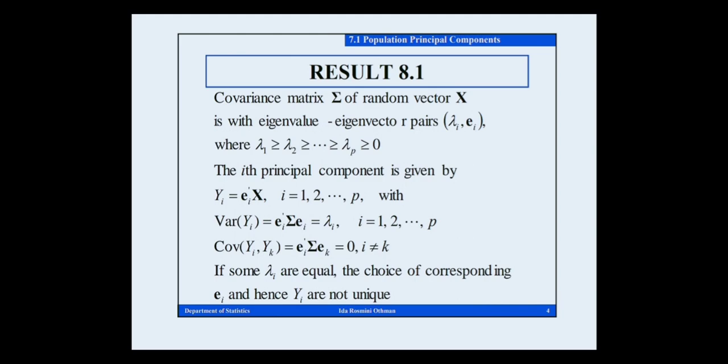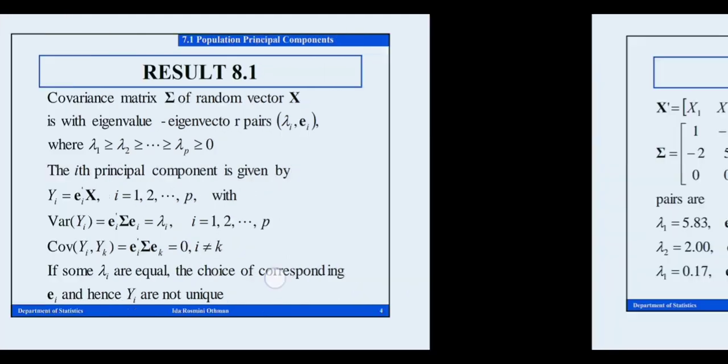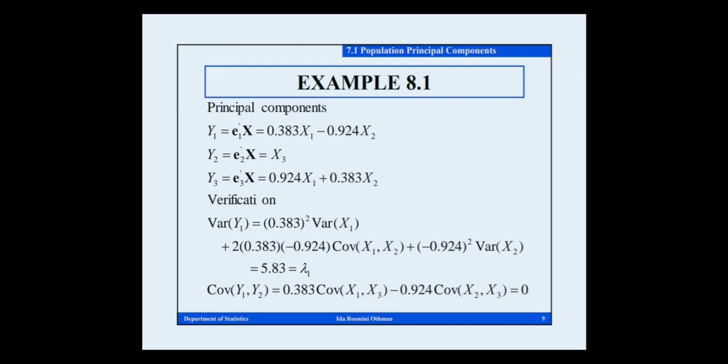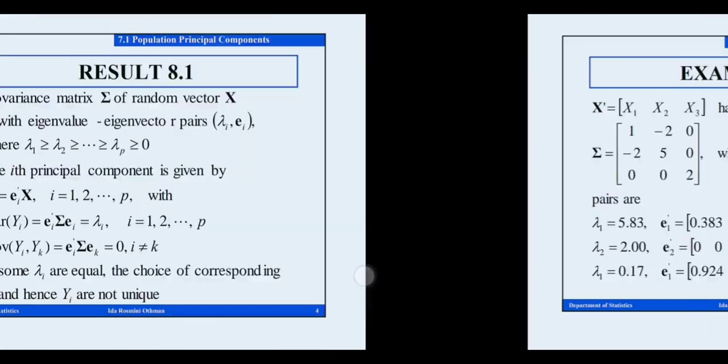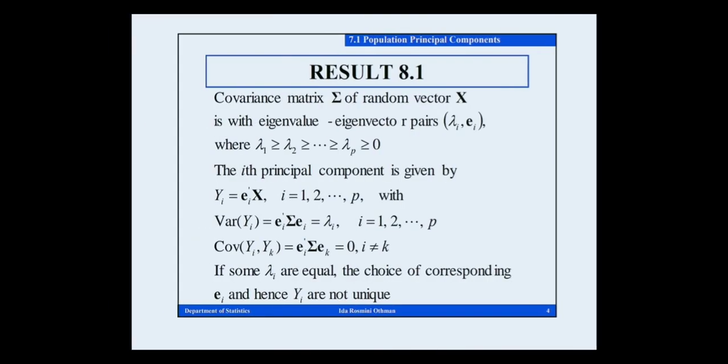Satu lagi tadi kita punya theorem, dalam theorem 8.1 dikatakan covariance of the two principal components is 0. So you try to apply, let's say nak cari covariance between y1 and y2, so it will be E1 transpose multiply variance covariance matrix multiply E2, you akan dapat 0.